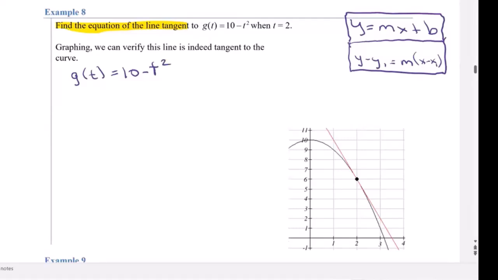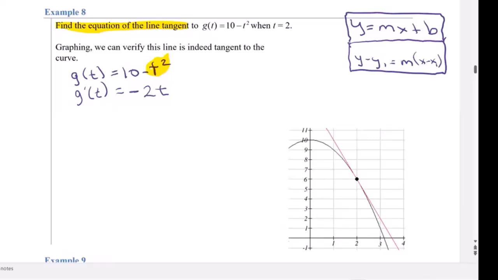And then g prime of t, again, the derivative of a constant is 0. So I have minus, and then I use my power rule on this. So this becomes 2t to the 1 power, which is just 2t. And that's what we really just use.